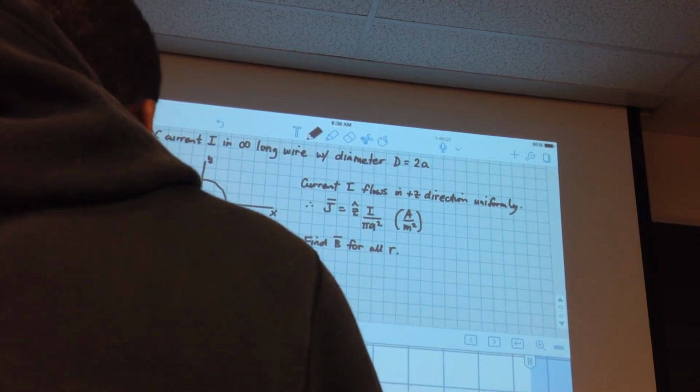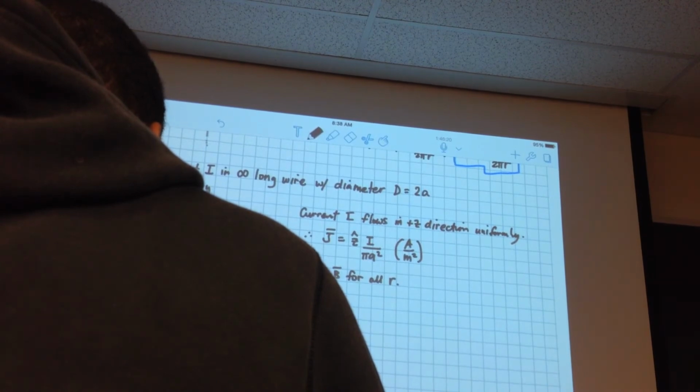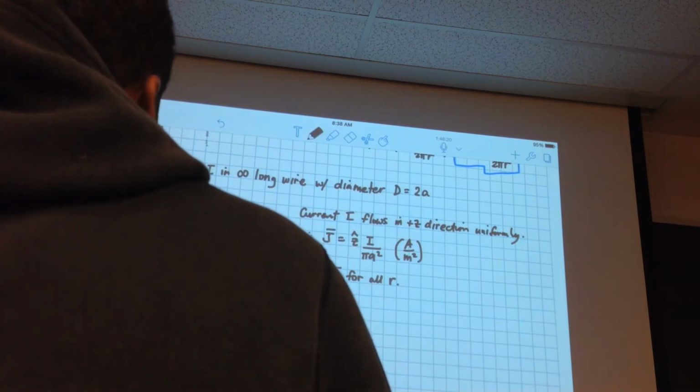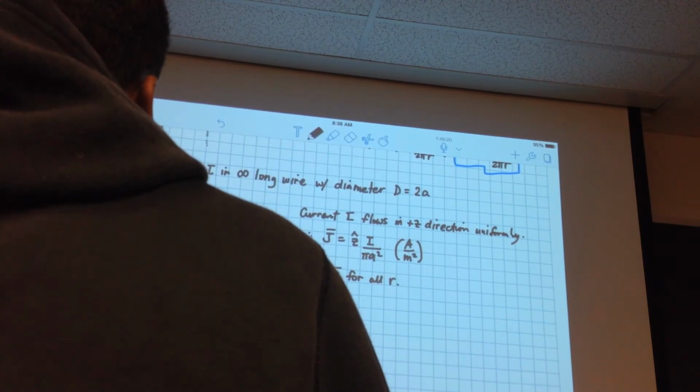All right, so we can argue that if this is an infinitely long wire again, then the magnetic field will only have r dependence. The strength of the magnetic field should only depend on the distance away from the z-axis.